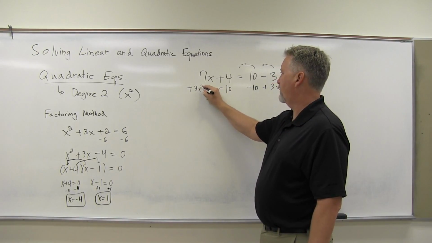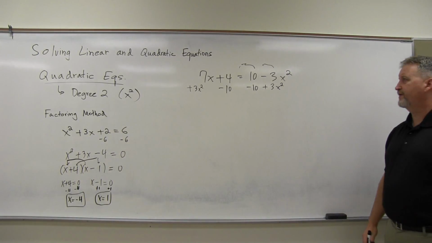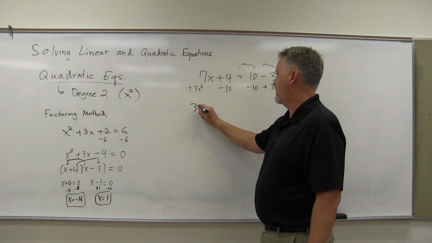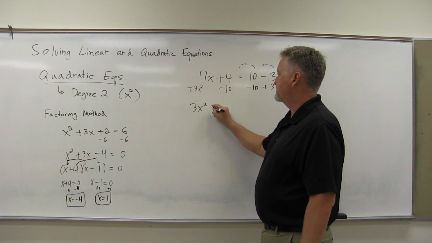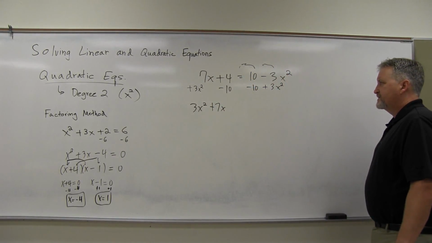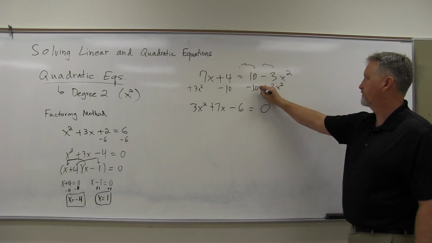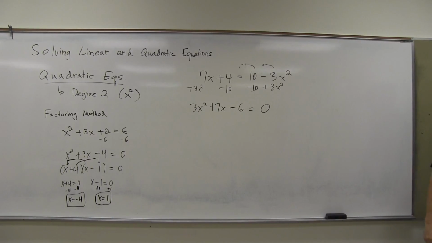You want the x squared term first. It would be 3x squared, and a positive 7x, so plus 7x, and then 4 minus 10 is a negative 6. Doing all that makes the right-hand side be 0.